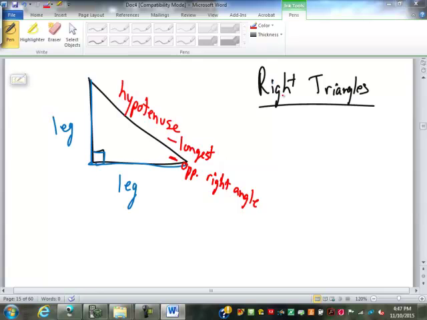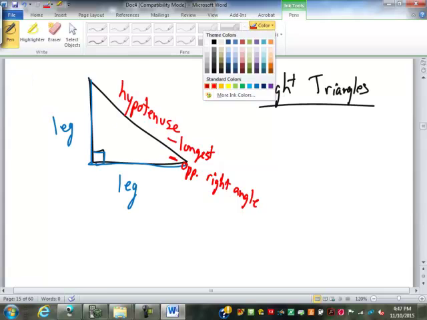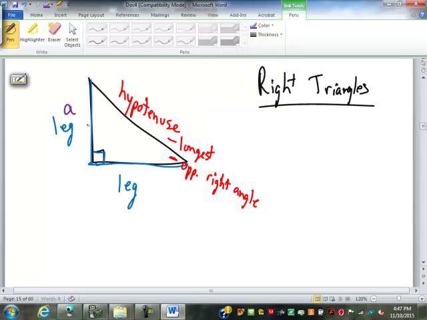We label our sides using the letters A, B, and C. Letters A and B are used to label the legs. C is used to label the hypotenuse. Well, a couple thousand years ago, a man by the name of Pythagoras came up with the Pythagorean Theorem.